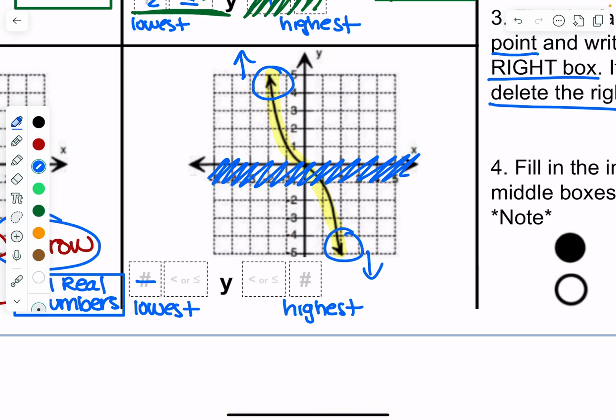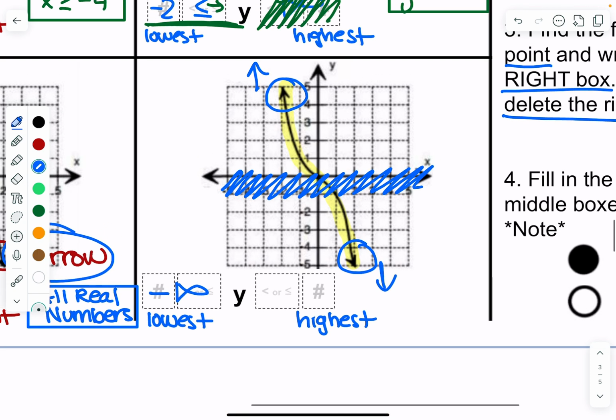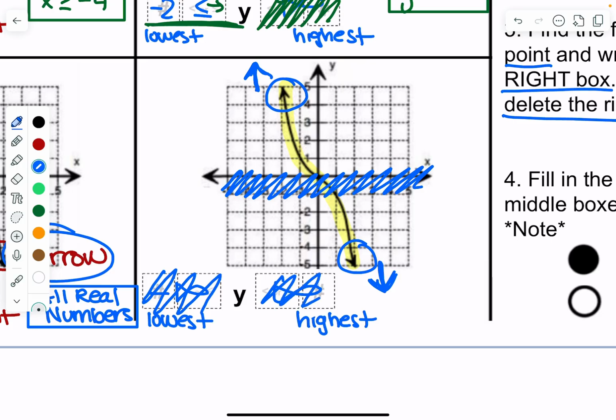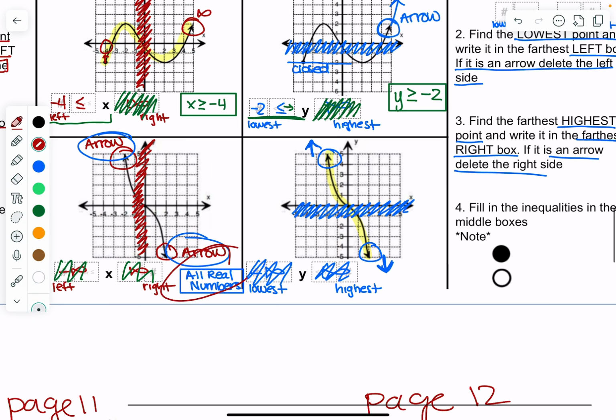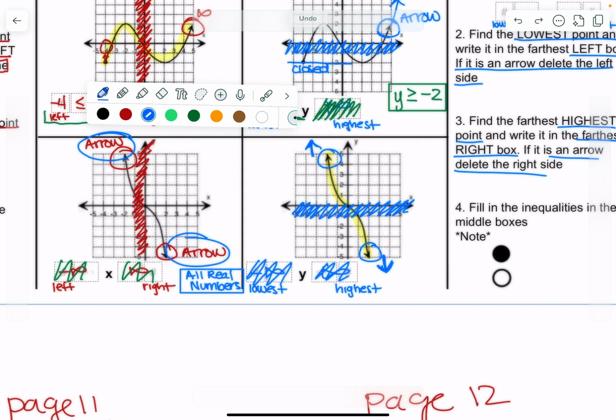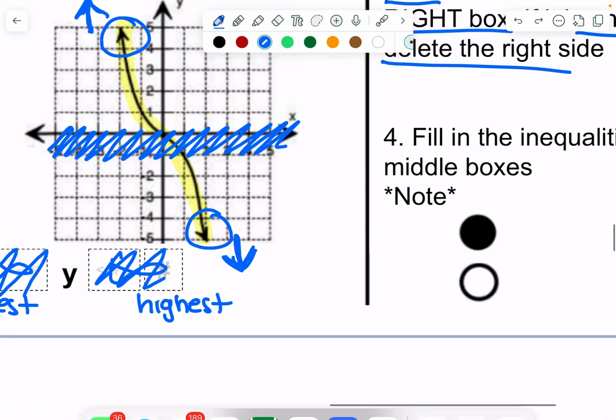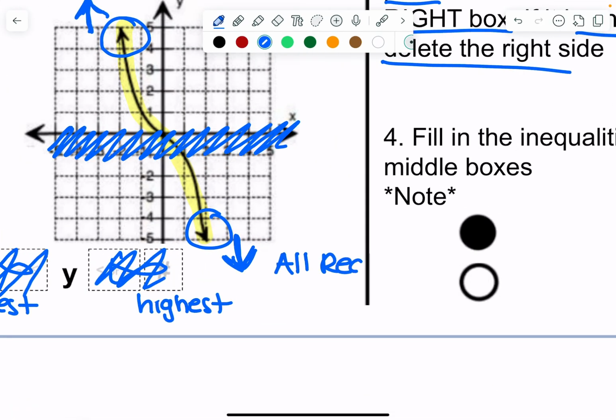So for my lowest, I have negative infinity because we have an arrow pointing down. And for my highest, I have an arrow pointing up, so positive infinity. So if I delete both sides and I have two arrows, all real numbers. So my answer should be all real numbers.